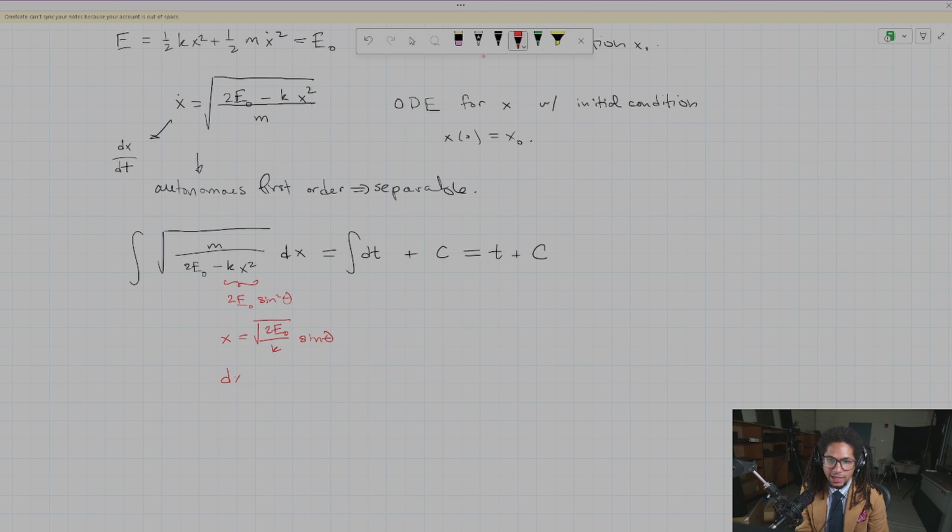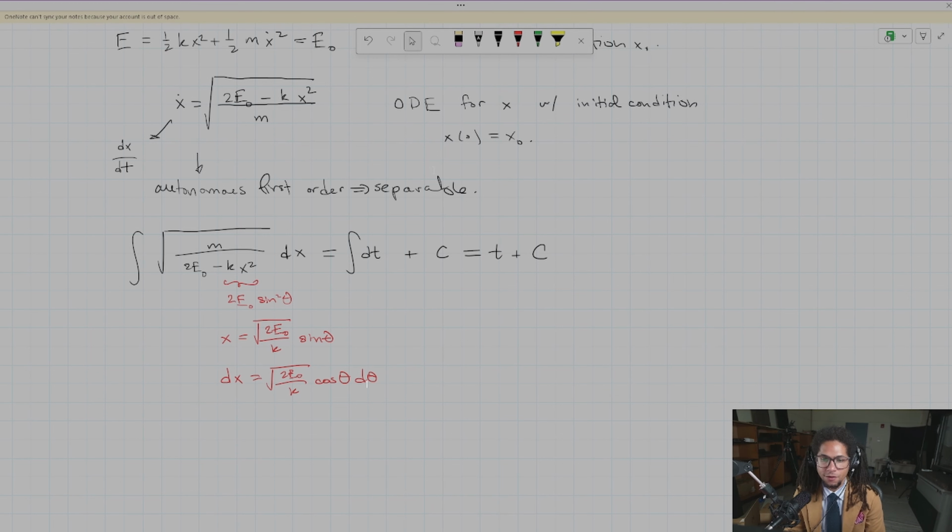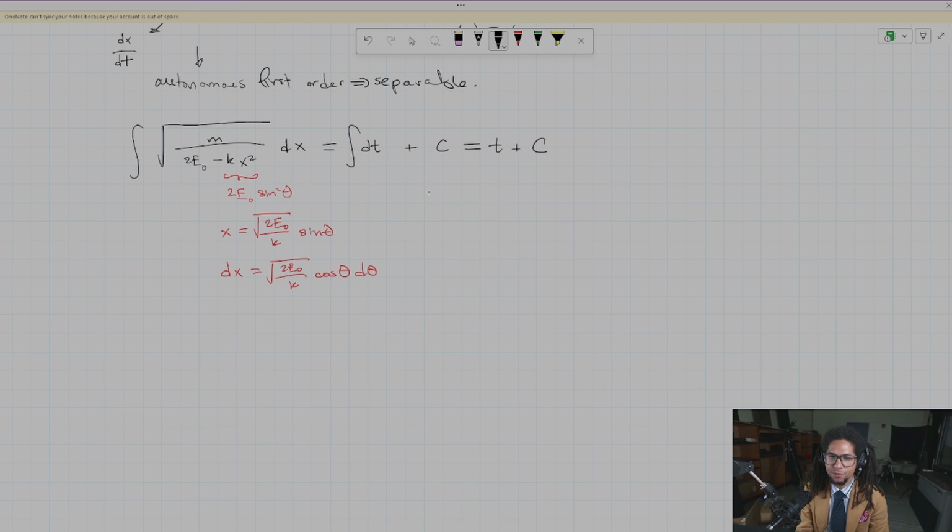That means that dx, which I have out here, is going to equal root 2E naught over k times cosine theta d theta. All right, and I don't need to worry about bounds because I'm just trying to calculate an antiderivative.